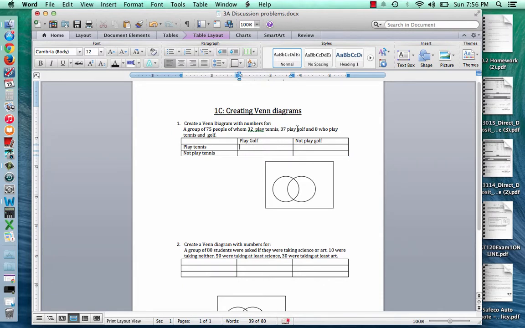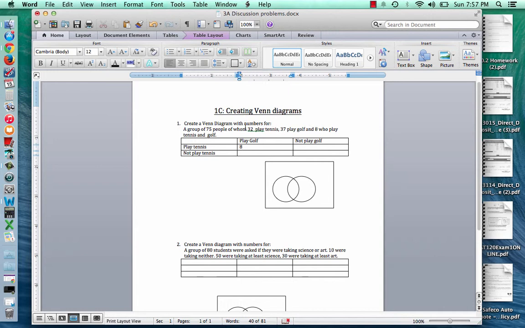The first thing we know right away is that there are 8 who play tennis and golf. That's the easy part. From there, though, we have to remember what these numbers mean. When they say 32 play tennis, that's the total number of yeses for tennis, but 8 of those people also said yes to golf.